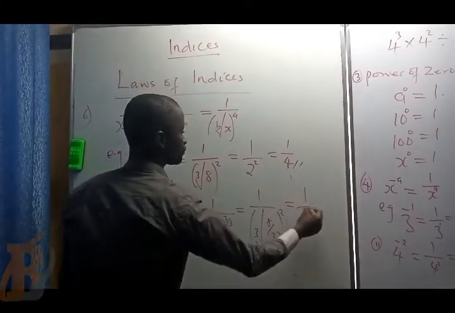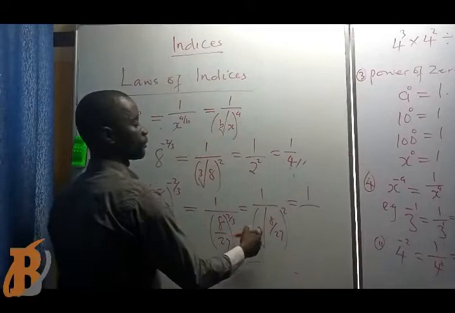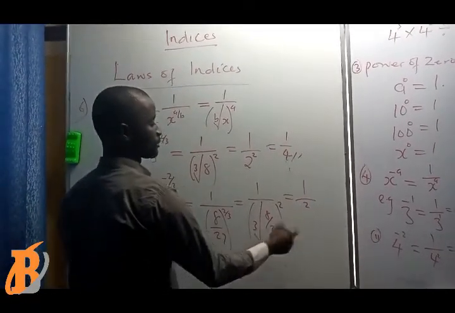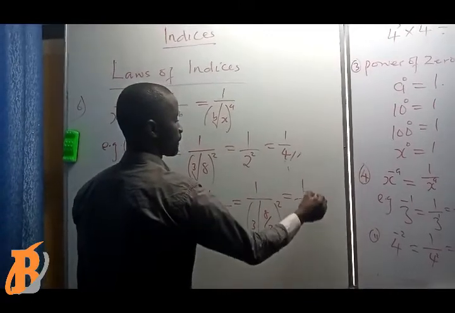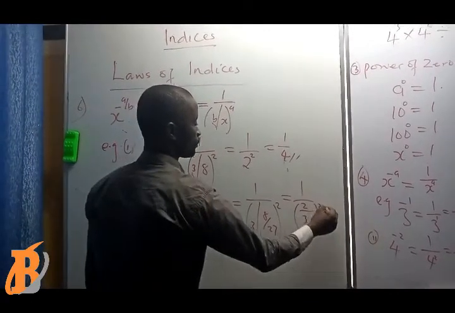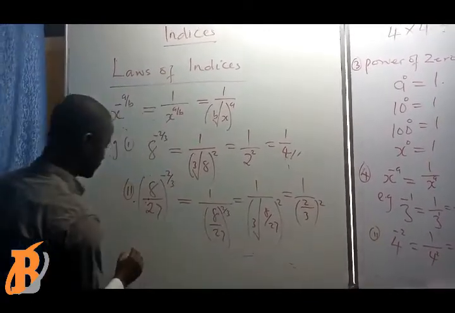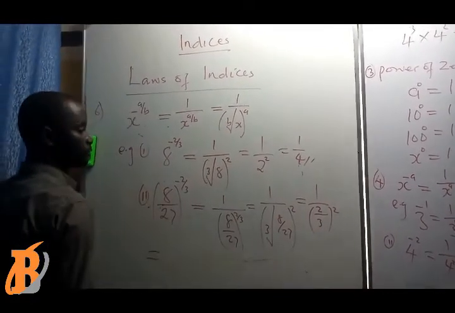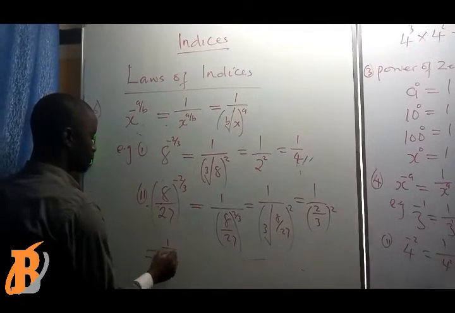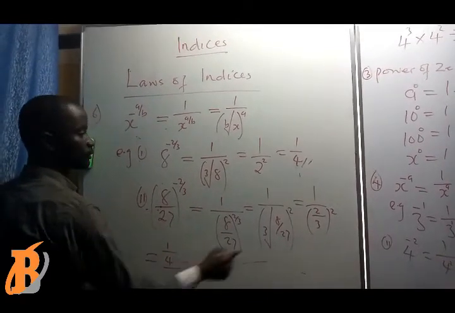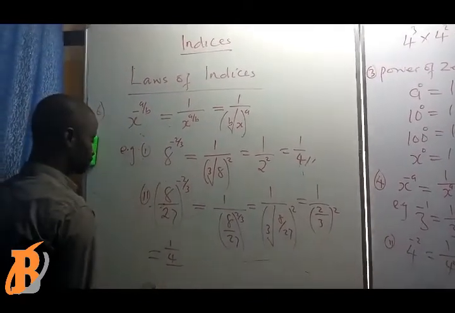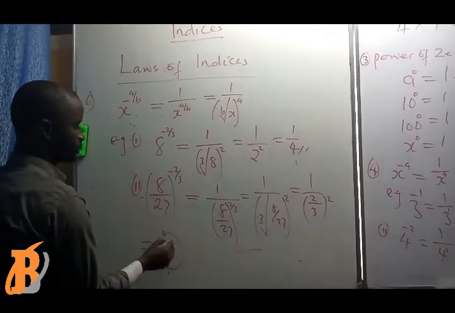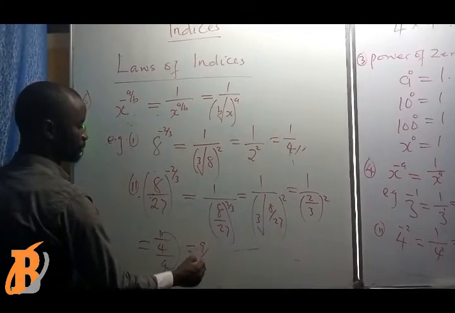The cube root of 8 is 2, the cube root of 27 is 3. Then 2 raised to power 2 is 4, that's 1 over 4 over 3 raised to power 2 which is 9. Now when you have this, 9 goes up, equal to what? 9 over 4.